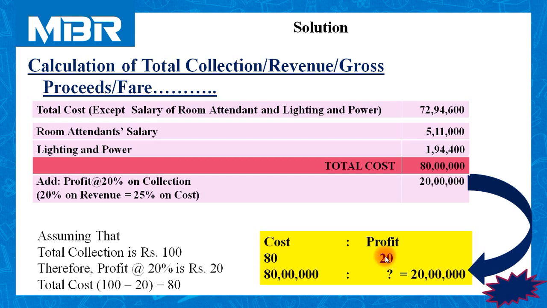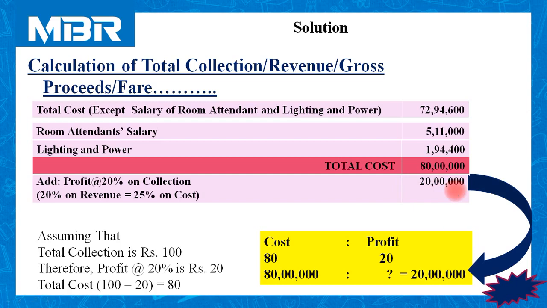80 lakhs multiplied by 20 divided by 80 results in a profit of rupees 20 lakhs. If you are clear about the interrelation of profit with revenue and cost, without wasting a minute, you can calculate 20 lakhs rupees directly.